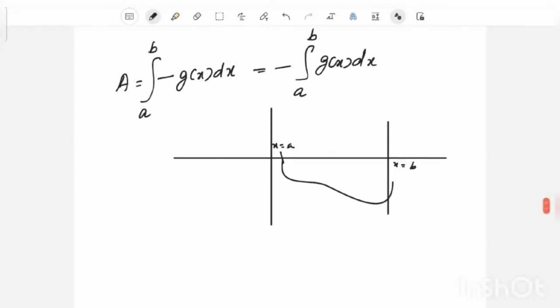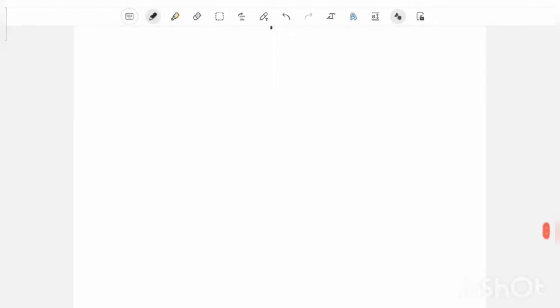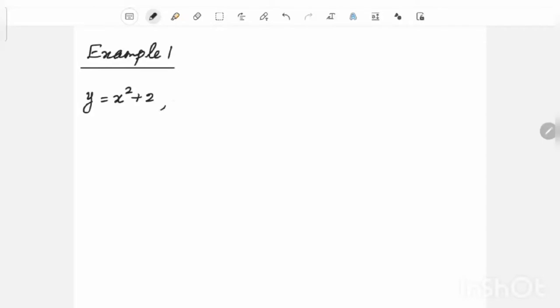Now we can have more examples of finding areas between plane curves. Find the area of the region between the graphs of y equals x square plus 2 and y equals x minus 1 and the vertical lines x equals minus 1 and x equals 2.